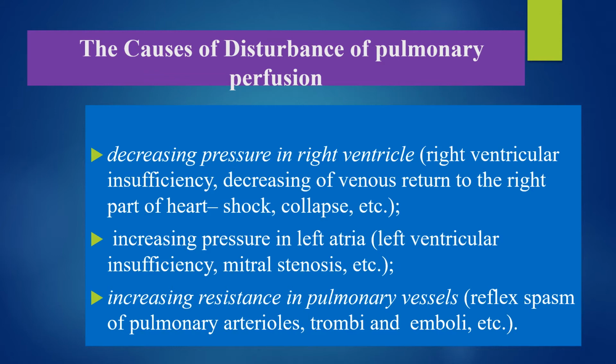And lastly, increased resistance in the pulmonary vessels: reflex spasm, thromboembolism of the pulmonary arteries, and others. Disturbance of lung perfusion may lead to pulmonary hypertension, which is characterized by increased pressure in the vessels of the pulmonary circulation. The next slide will show us the reasons and outcome of pulmonary hypertension.